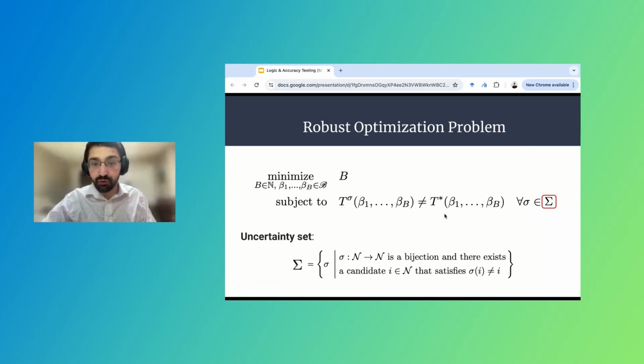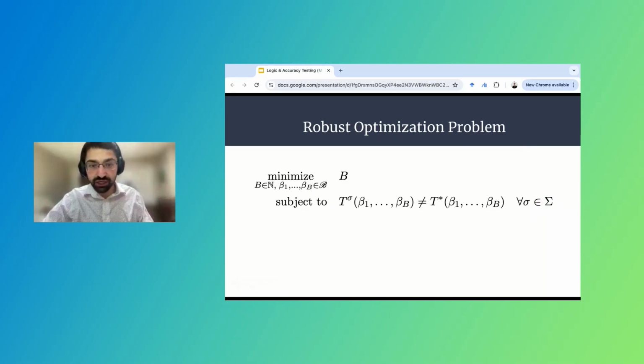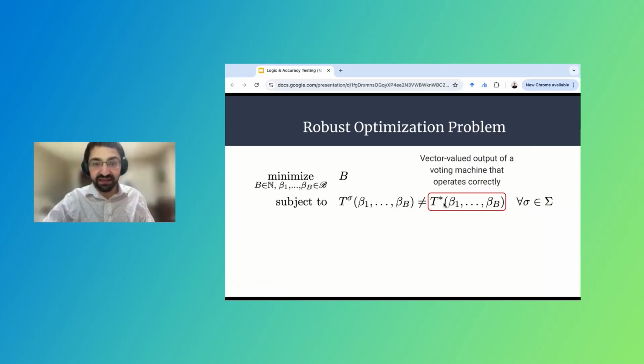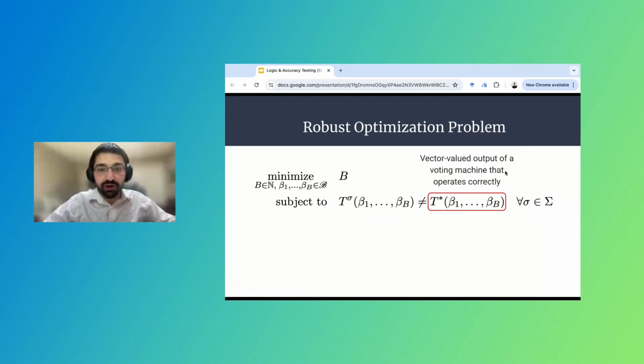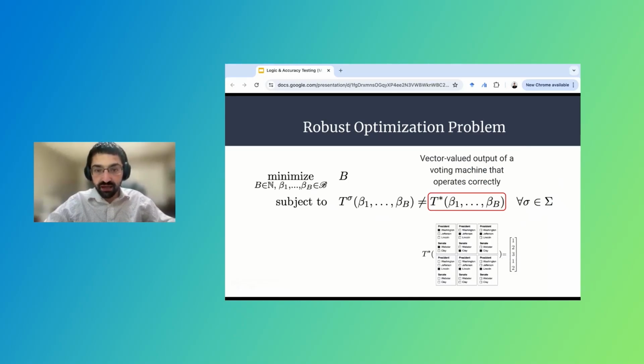And what are the constraints? What constraints do we have for each incorrect bijection? Well, let me explain what T star is. Let T star denote the vector valued output of a voting machine that operates correctly. What do I mean? Going back to our previous example, that simple test deck, if our decisions of which ballot targets to mark, beta 1 through beta B, corresponded to our old test deck from before, then T star of that test deck would be equal to 1, 2, 3, 1, 2.